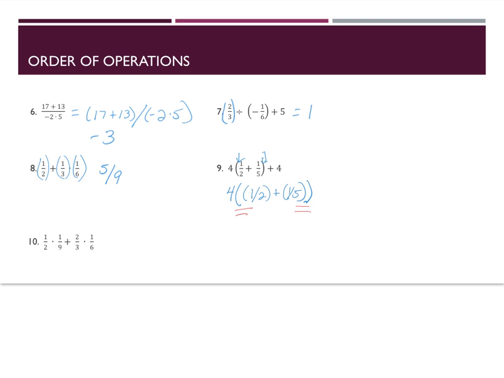If I didn't do that, if I just put 1/2 in parentheses and 1/5 in parentheses, then the only thing that's getting multiplied by 4 is the 1/2. I need the extra set to make sure I do what's inside these parentheses first.